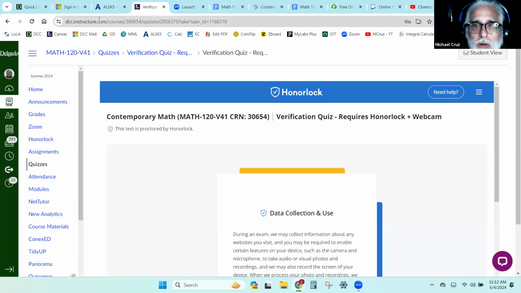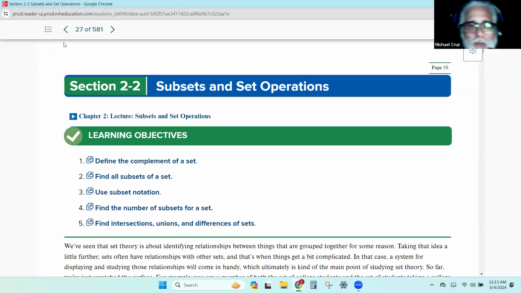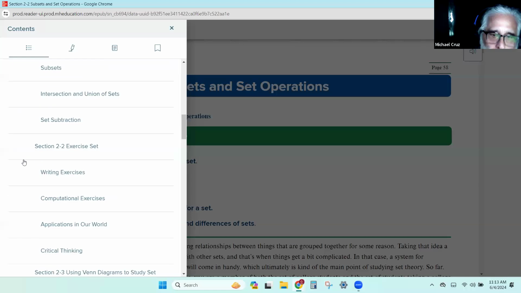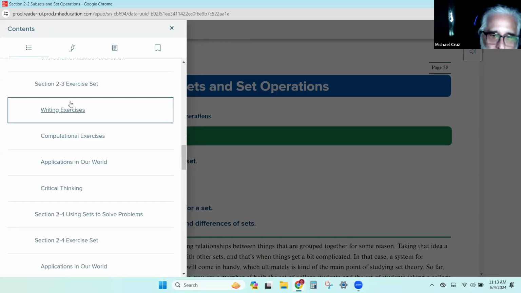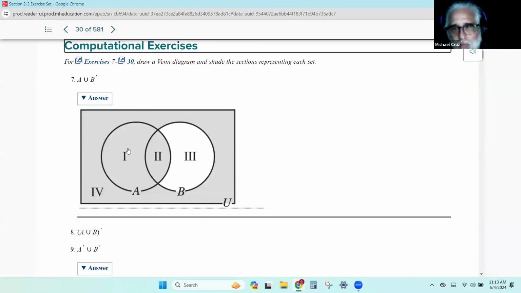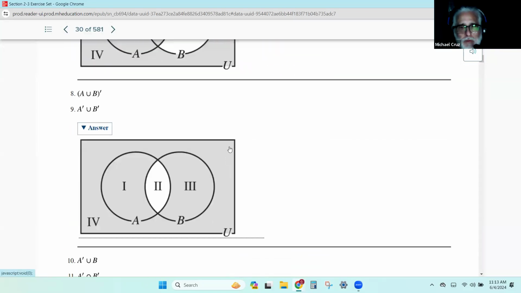All right, so let's look at the little textbook here. This textbook has some extra problems in it, and we'll look at some of these to go over a little bit about what we did yesterday.